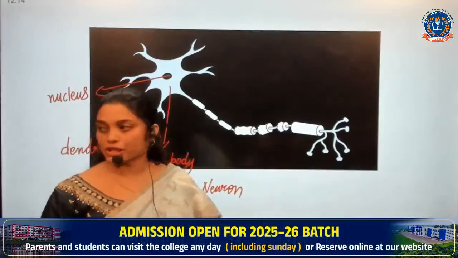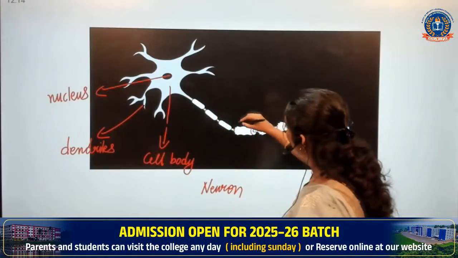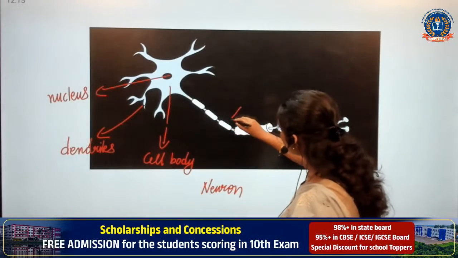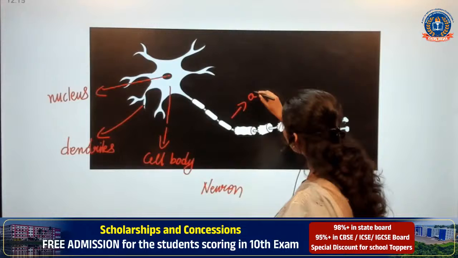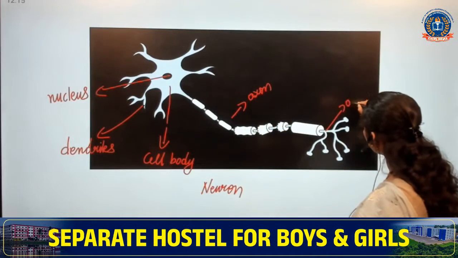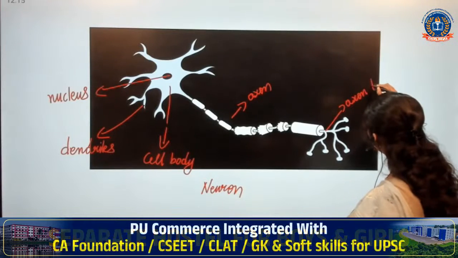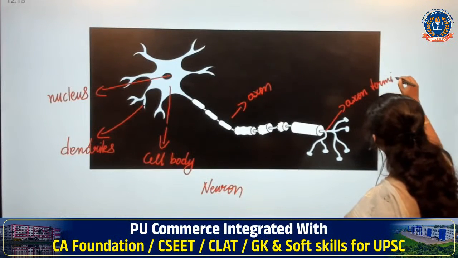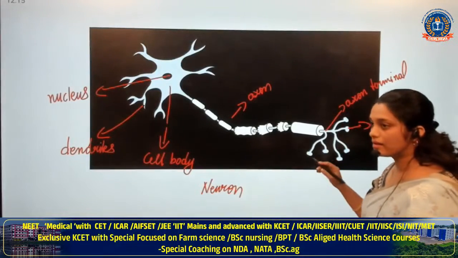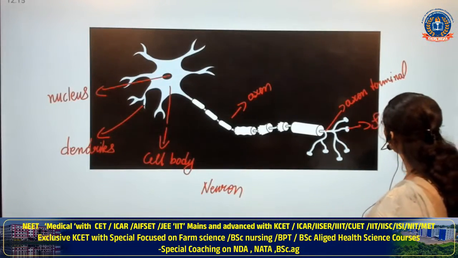And this large projection is called what? This large projection is the axon. We have this axon terminal. And then this is the synaptic knob.